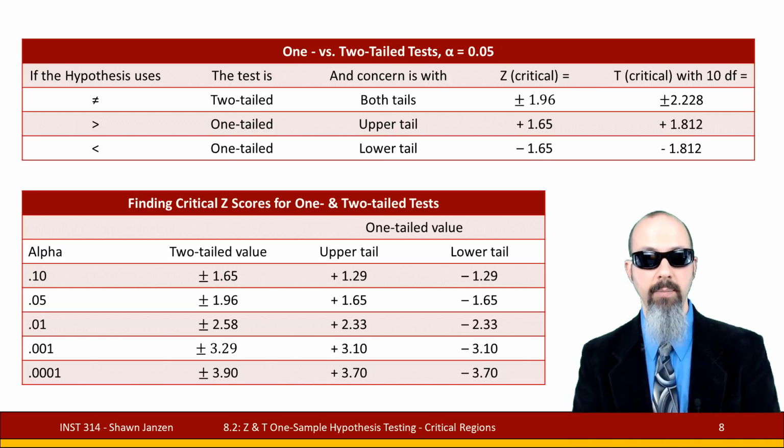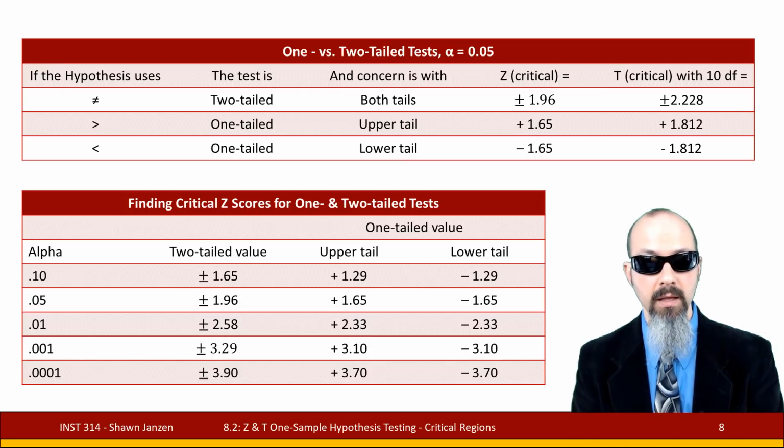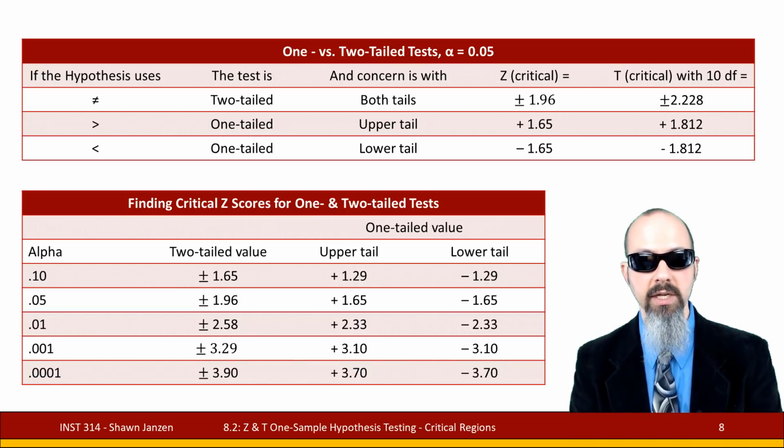what we will find, and the pattern holds, is that as alpha decreases, the critical value, regardless of whether it's two-tail or one-tail, is going to become larger. Think of this graphically. You are decreasing that red shaded region of the critical value. As you make alpha smaller, that red shaded region becomes smaller.